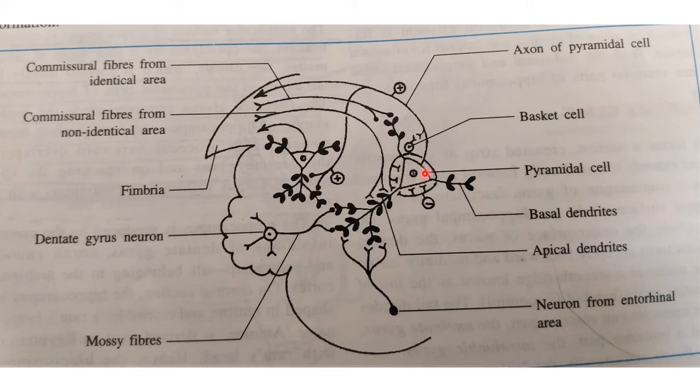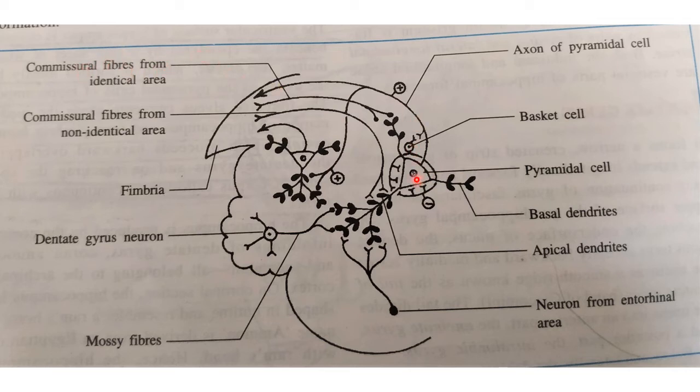Here you can identify the pyramidal cells, and the apex, which is projecting towards the inner layer, and strictly we can also say towards the convexity of the dentate gyrus, and the base part which is projecting towards the inside, the molecular layer of the cornu ammonis. From the base of the pyramidal cells, you can identify the basal dendrites and recurrent axon collaterals by the commissural fibers. Here you can identify the commissural fibers.